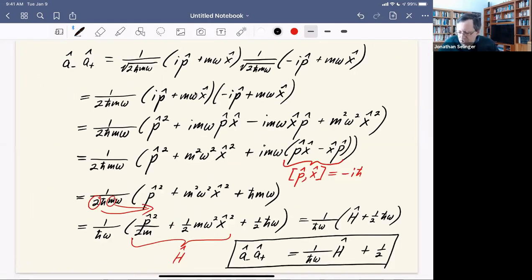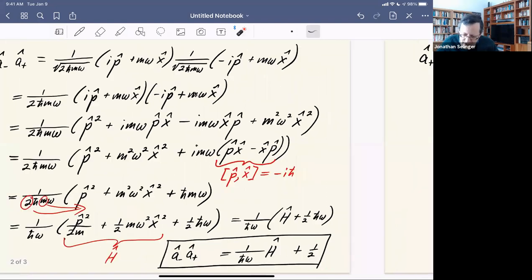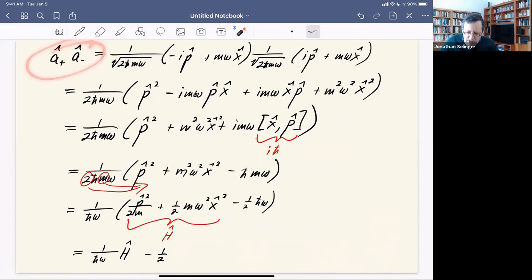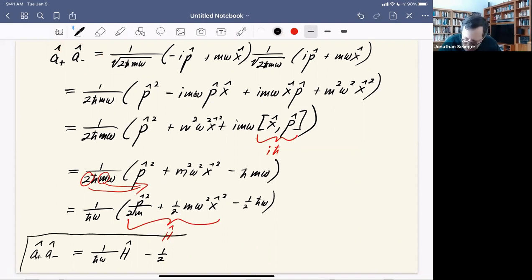So it's very similar to what we had before. If it's a minus a plus, then that gives us 1 over h bar omega times the Hamiltonian plus a half. And if we have the opposite sequence, a plus a minus, that is equal to the same thing, but with a minus a half instead of a plus a half.